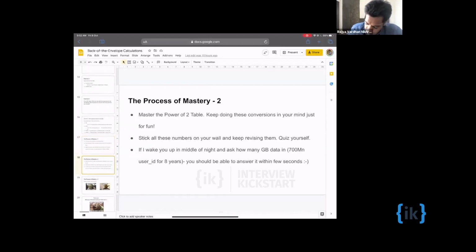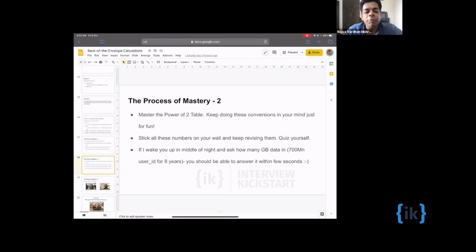Then master the power of two table and keep doing these conversions in your mind just for fun. Okay, 2 to the power 10 is 1000, 2 to the power 30 is 1 GB, it is 1 billion. Keep doing these reverse calculations in your mind just for fun. Stick all these numbers on your wall and keep revising them. Quiz yourself.